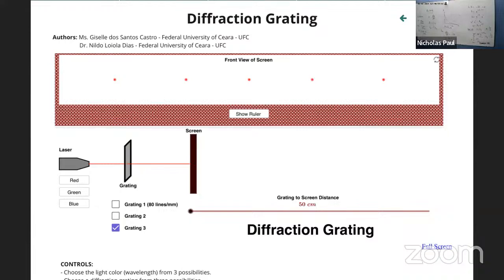You see the little red dots? Let's change to green. See the green dots? Let's change to blue. See the blue dots? That's how it will look. If I adjust the grating, you'll be able to get more orders. So that's basically what you're seeing: blue light and white in between. That's basically how it will look.